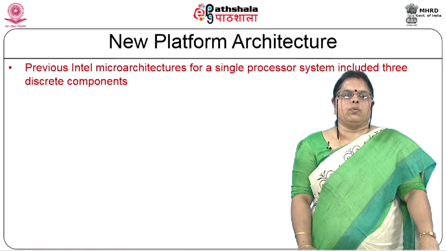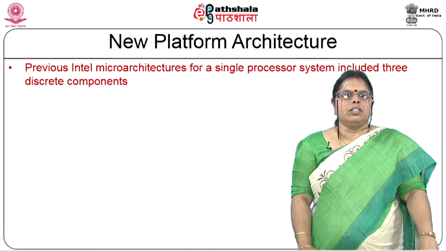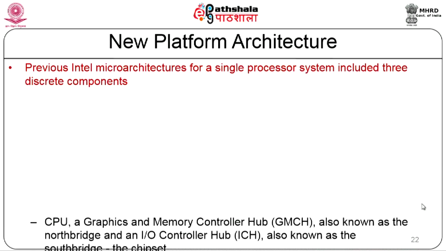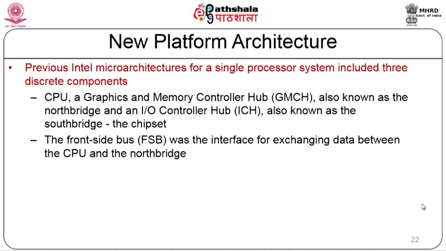So, the next innovation, or salient feature, that we are looking at is the new platform architecture. Previous Intel microarchitectures for a single processor system included three discrete components, namely the central processing unit, your graphics and memory controller hub GMCH, which is also known as the north bridge, and an IO controller hub ICH, which is also known as the south bridge, and these two put together is normally the chipset.